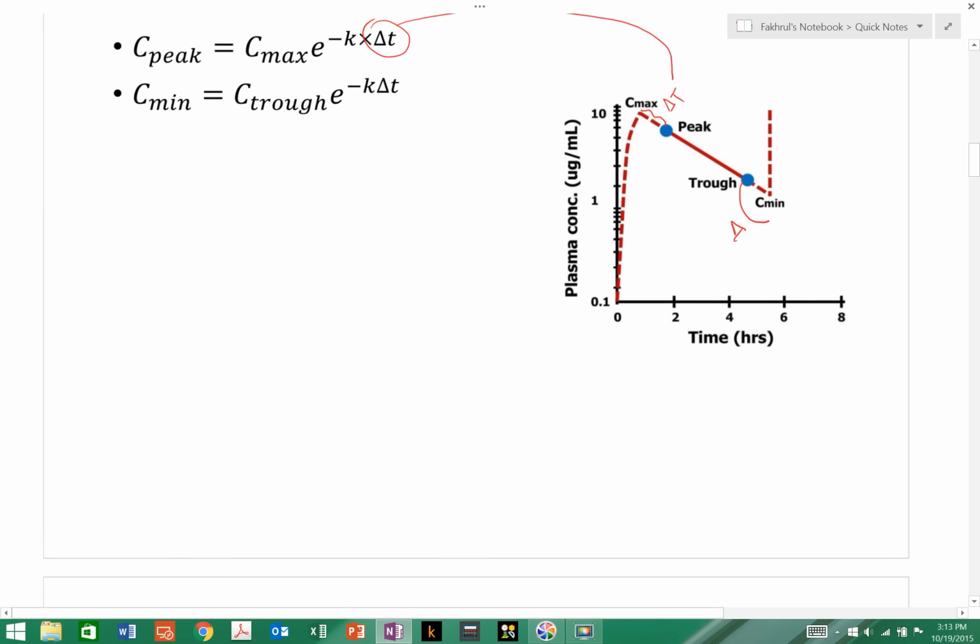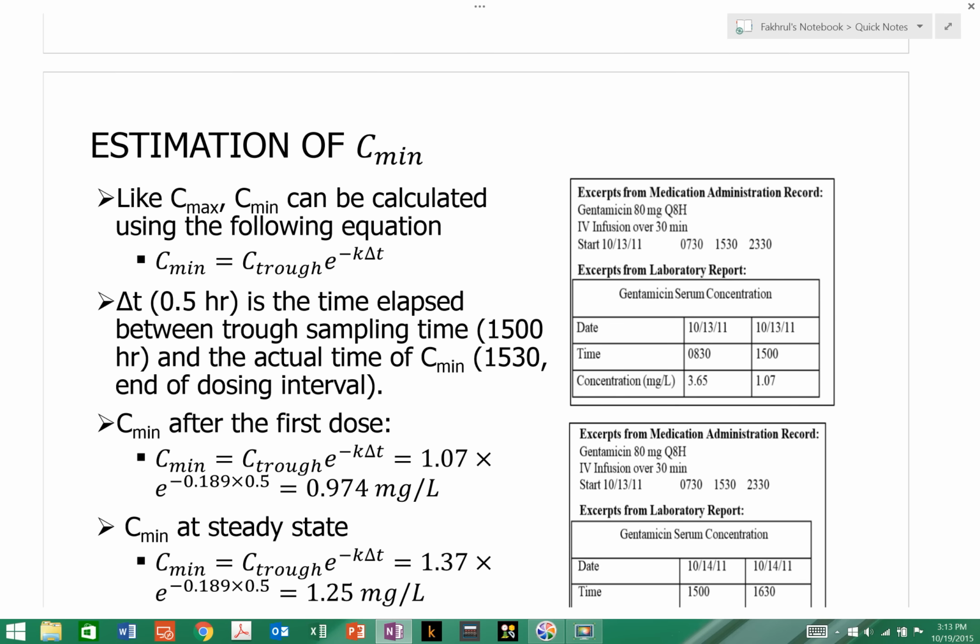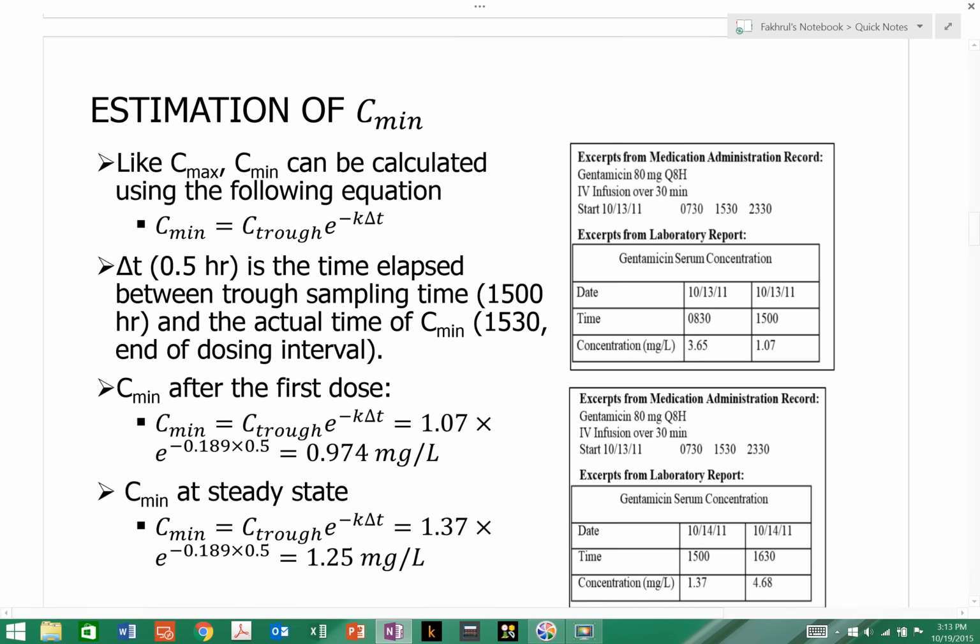So when Cmin comes, if you remember, Cmin comes when you are going to give the next dose.